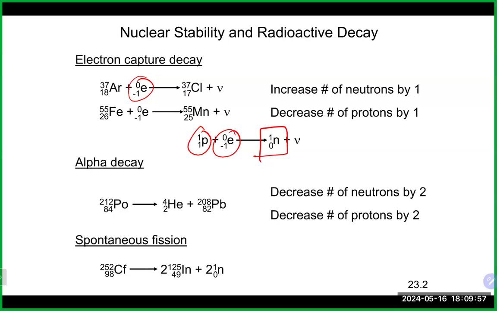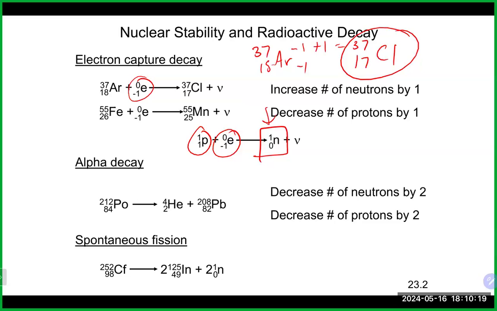Kind of the same process is going to happen if we take our 37 18. We're going to get rid of a proton, which means we're going to get rid of a number on top and bottom. We're then going to replace it with a neutron. So we're going to go back. That's a net of no change up on top. The bottom number changes, and that is how we get to our new nuclide in this particular case.